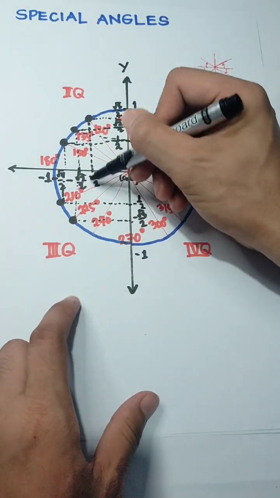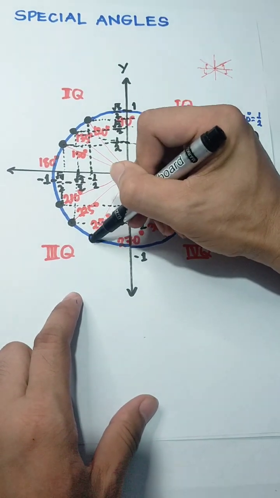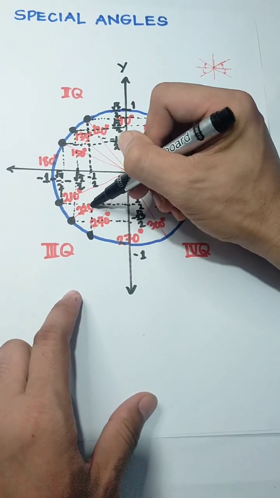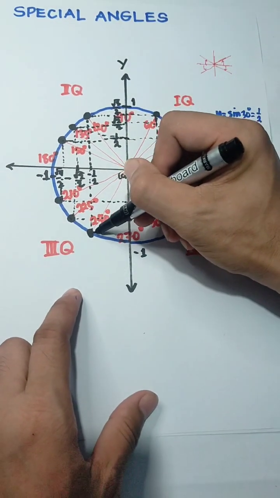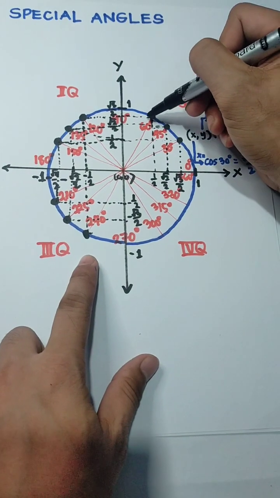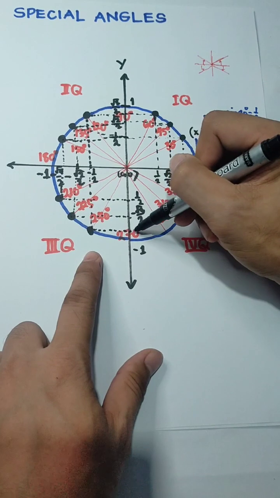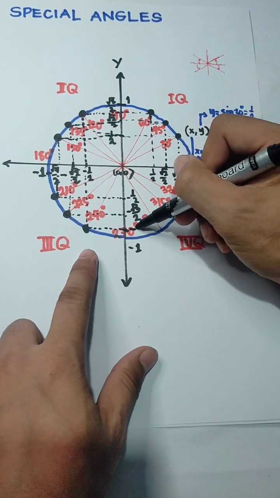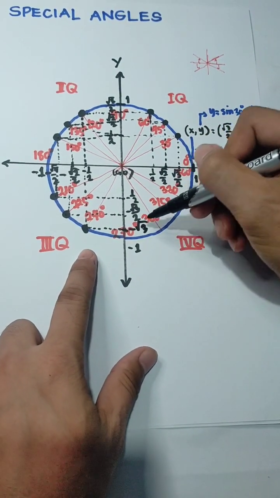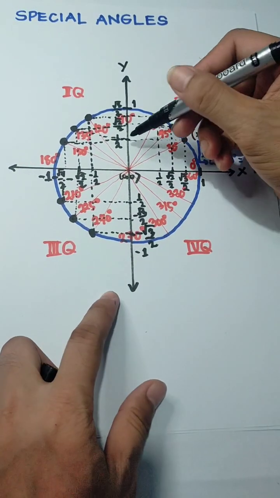And for the 60 degrees, the x value is negative 1/2, just like in 60 degrees here. The y is square root of 3 over 2, so the same is true here, square root of 3 over 2, but it's in the negative y-axis.